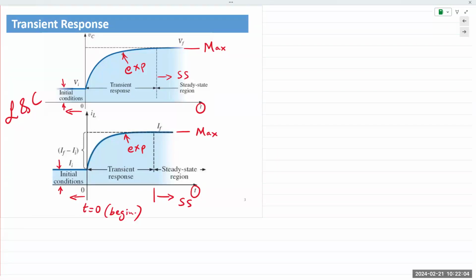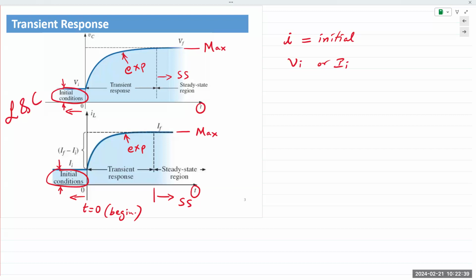Anyway, the point at which we begin our analysis is referred to as t equals 0. So the values prior to time equals 0 are known as the initial conditions. And they are referred to by the subscript I. This is not I for current. This simply stands for initial. And so initial conditions could be VI or II.